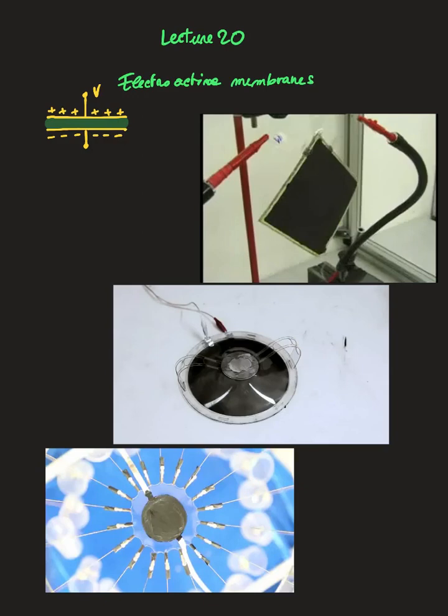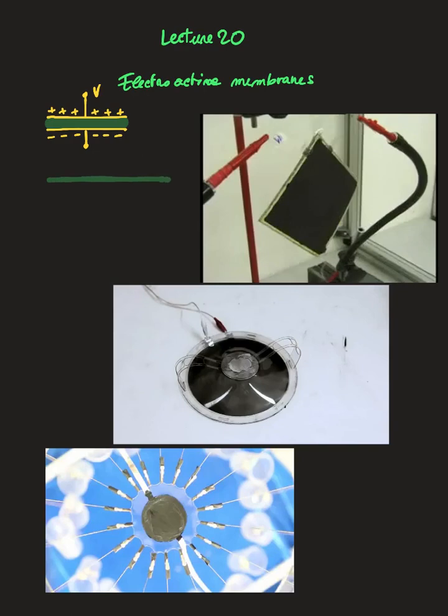Its deformed configuration, I will draw it just like this. So after the application of a voltage, that object would deform in this way. In other words, you see the area is increasing.